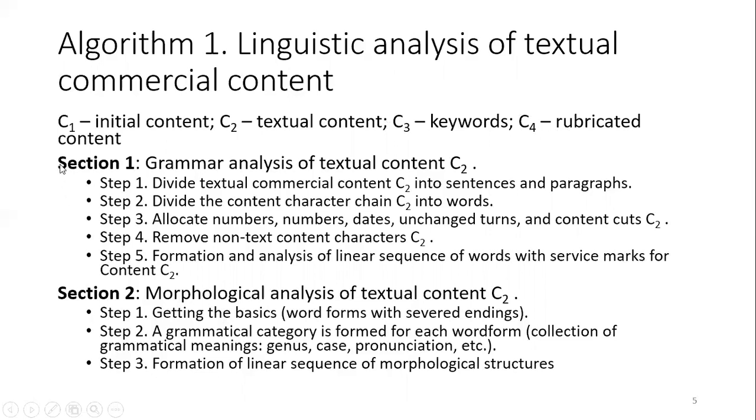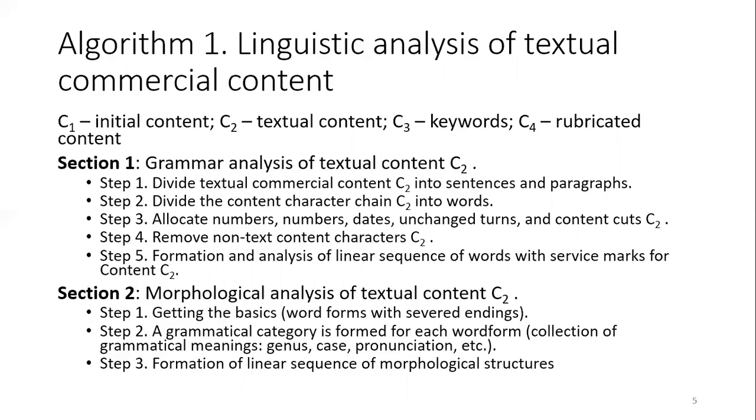Let's go over these algorithms. In section one of this algorithm, we do grammar analysis of textual content C2. We divide this textual content into sentences and paragraphs. We find the textual chains in this content.